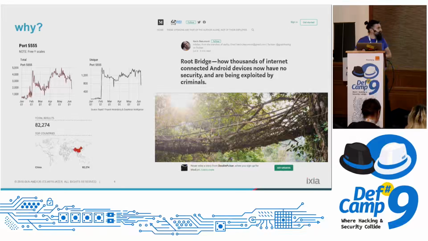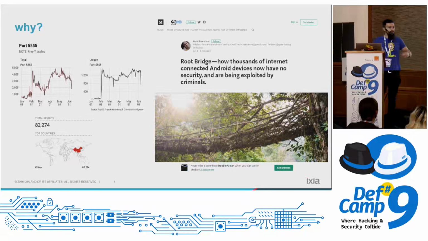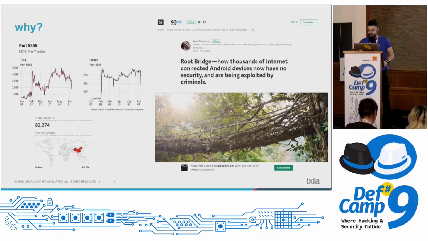And it looks like there are more and more devices that are being compromised by cyber criminals, and there are cyber criminals actively mining on your devices right now. And you can't really stop them because a lot of people don't actually know that they're being exposed.